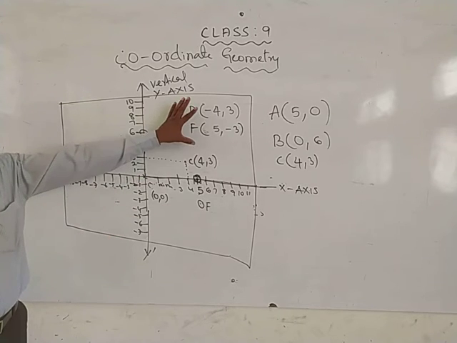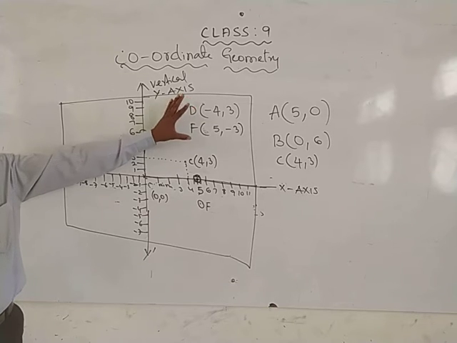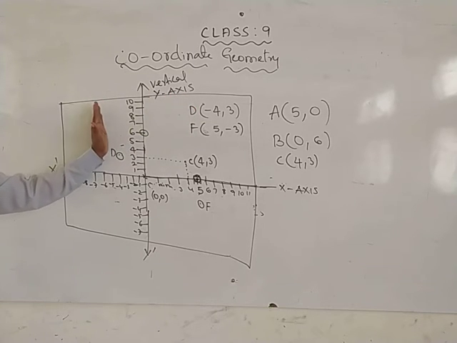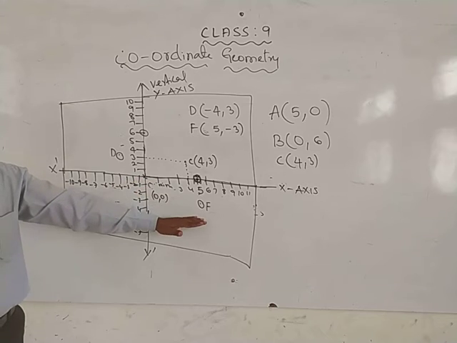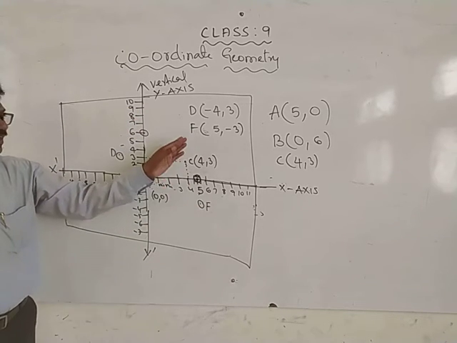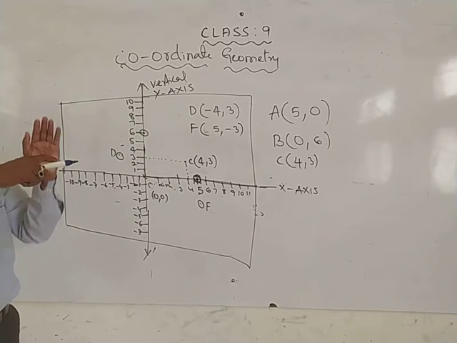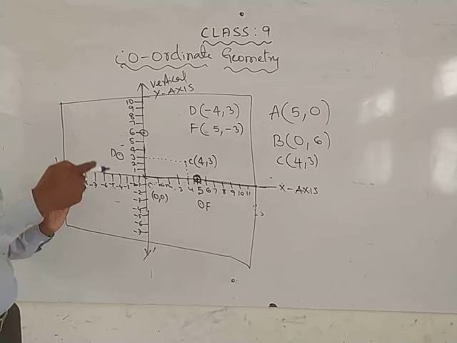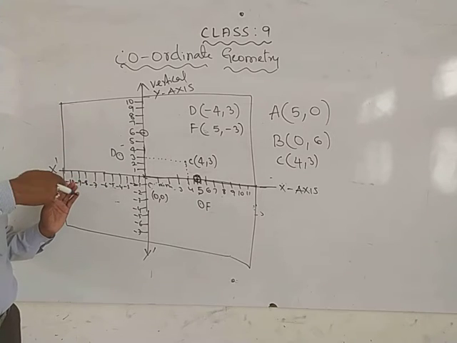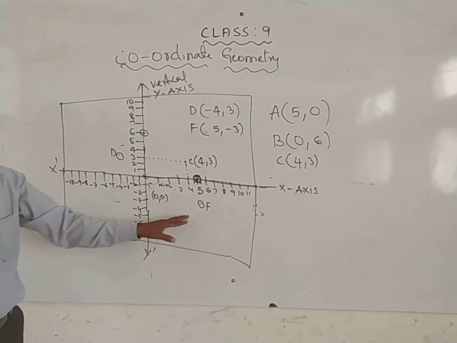And it divides the plane into 4 segments. What are these segments known as? Quadrants. First quadrant, second quadrant, third quadrant, fourth quadrant, in an anti-clockwise direction, not clockwise. Anti means reverse of how a clock moves. So 1, 2, 3, 4.